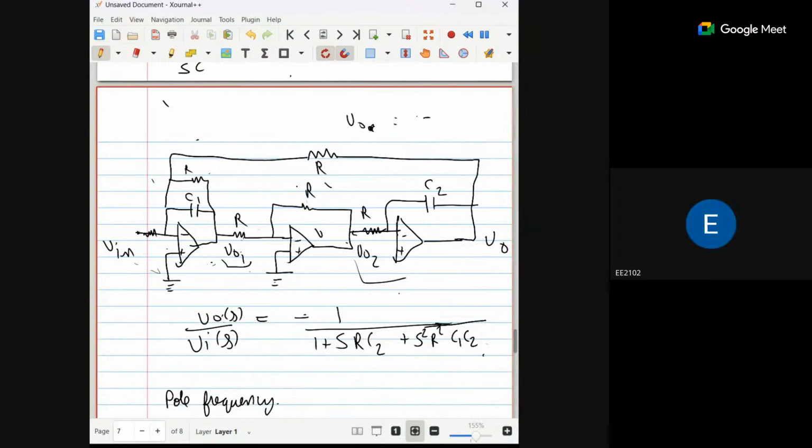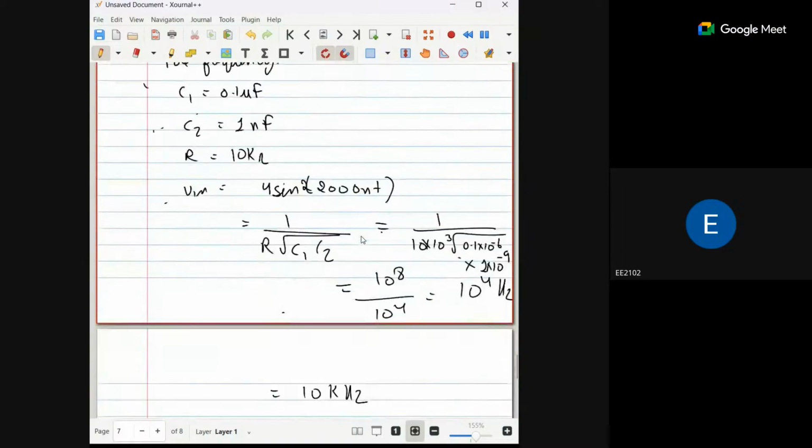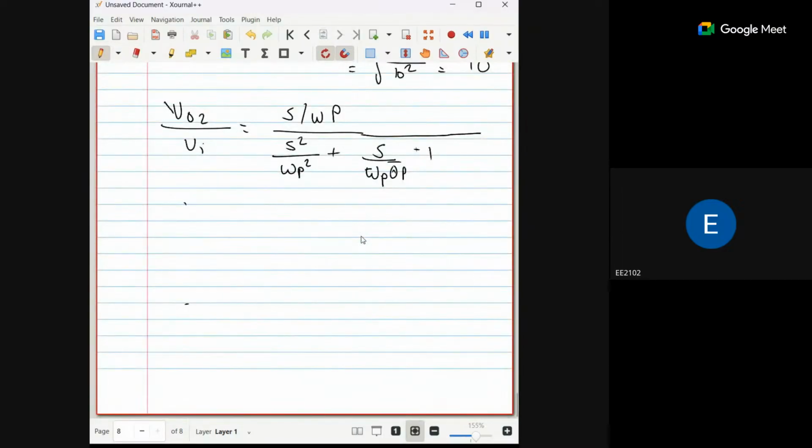That is, V0 is equal to minus C2 by R into V naught 2. So we can do it like that, that is easy. I am telling that was told by the sir indirectly in the derivation. So that is the formula for that.